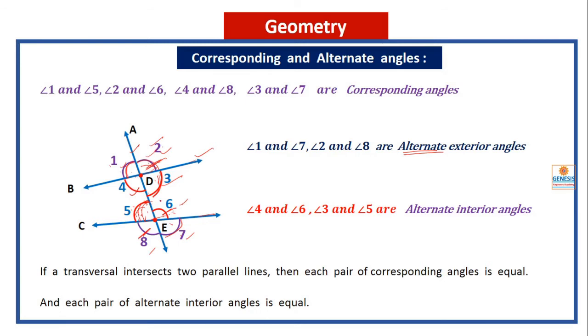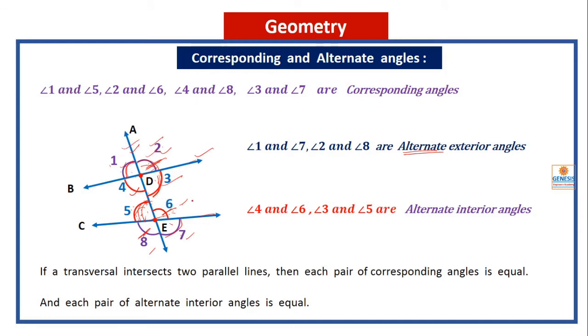So alternate angles are on the left and right of the transverse line. And corresponding angles are on the same side but on different lines of the transverse line.